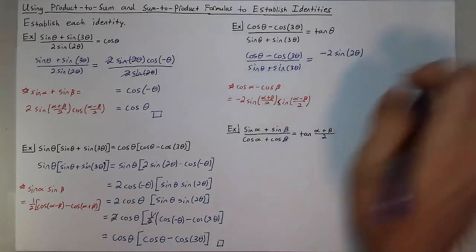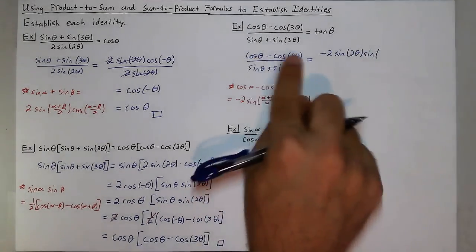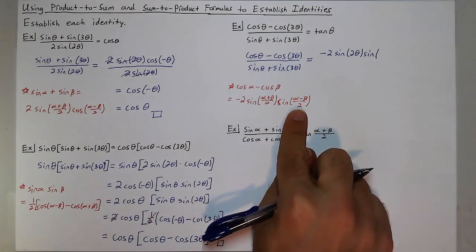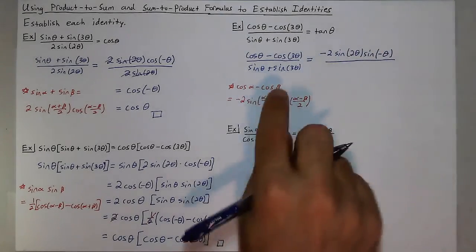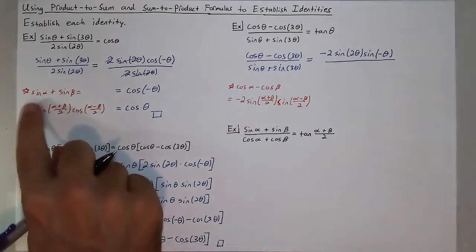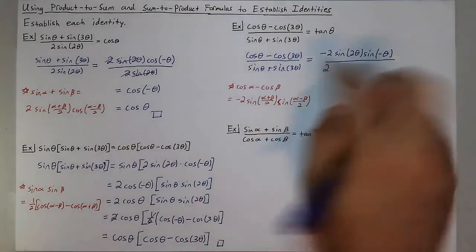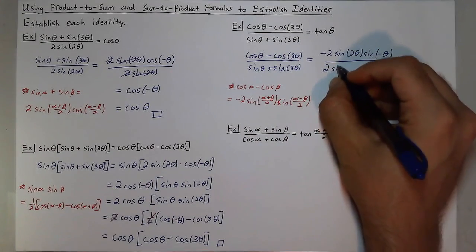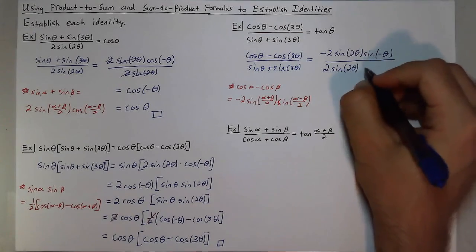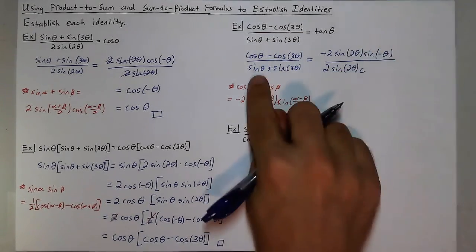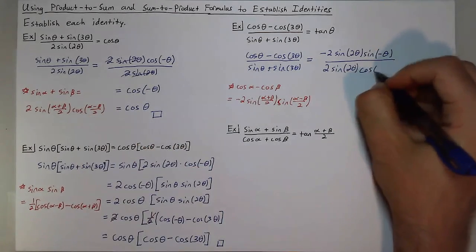And then sine of theta minus 3 theta, which is -2 theta, divided by 2 would be negative theta, all over, I did this earlier, but using this formula, I can get 2 sine of 2 theta, because that would be theta plus 3 theta over 2, which would be 4 theta over 2. And then cosine of theta minus 3 theta over 2, which would be cosine of negative theta.